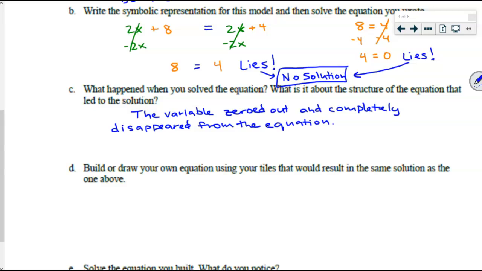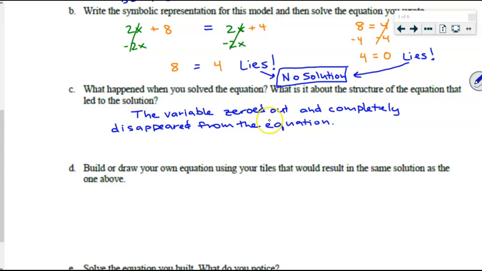Let's talk a little bit more about this. In both of these problems, the first one that was infinite solutions, we had the variable completely zeroing out on both sides. It disappeared completely from the equation. In this one, where it ends up being no solution, we have the variable completely zeroing out and disappearing from the equation.